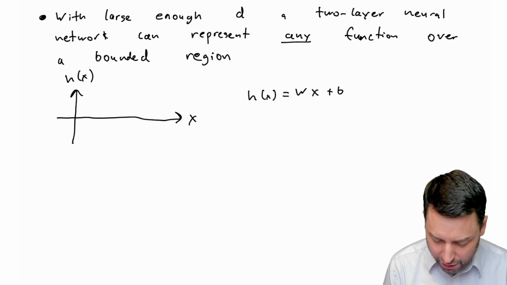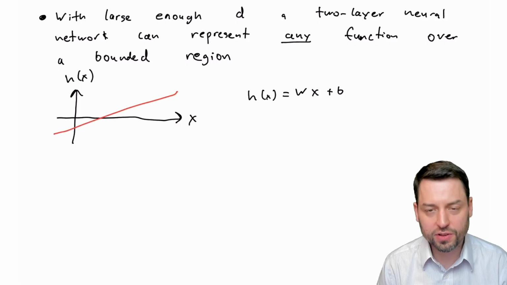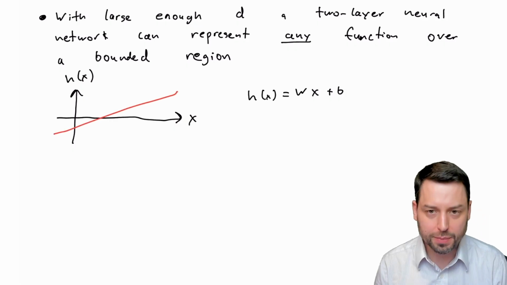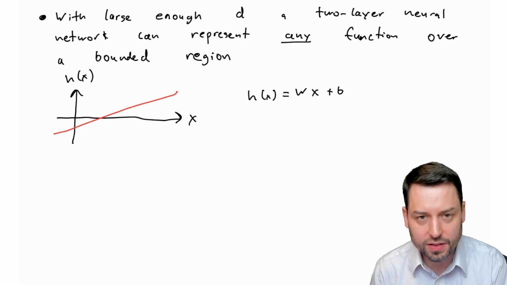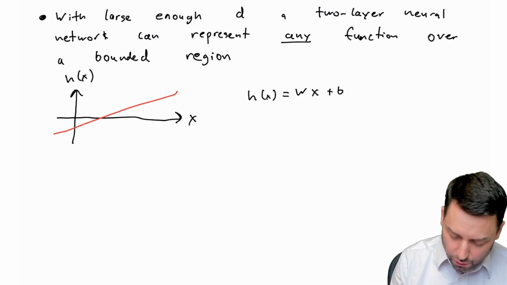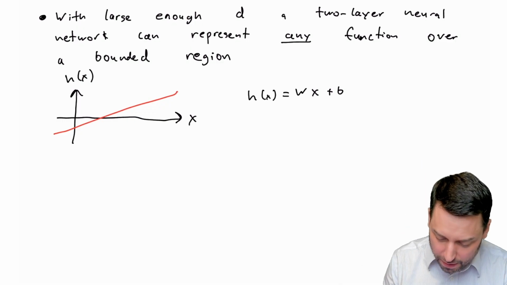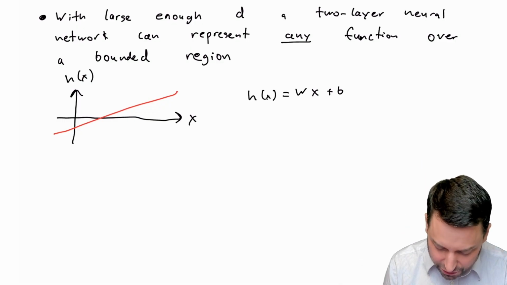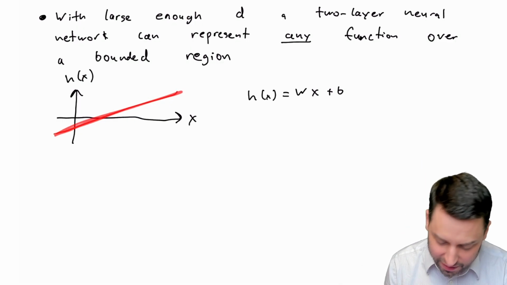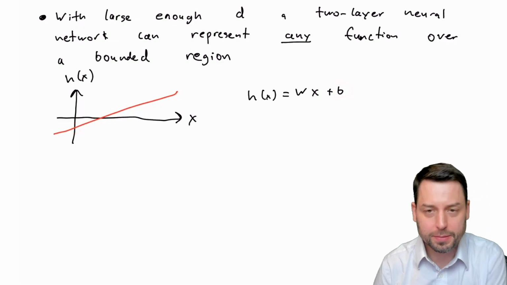But this function basically can represent only lines with some slope and some intercept. The slope is how steep this line is, and the y-intercept is where it crosses the y-axis. That's given by this term b.